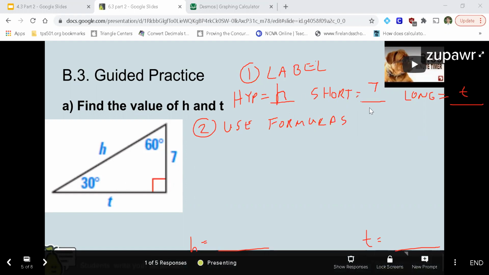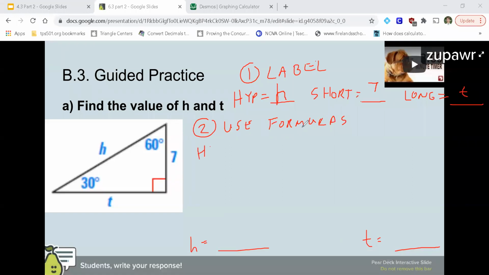So it doesn't really matter which formula you use first. Let's use the first formula. Hypotenuse is equal to short times 2. So if I plug in, we get h is equal to 7 times 2. So h is 14.